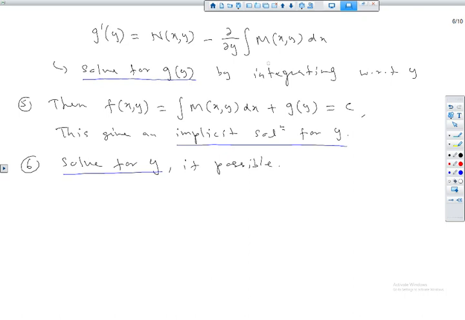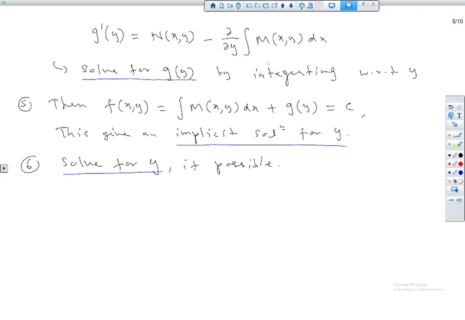Once you integrate, you get the function g(y), and then you go back and substitute that into the f(x,y) function, and your final answer is you set this equal to a constant. That gives you an implicit solution for y. Sometimes you can solve for y. Okay, so let's look at this in several examples.